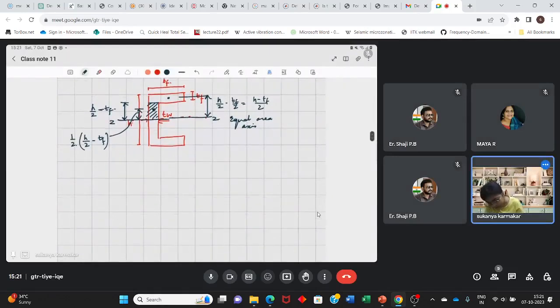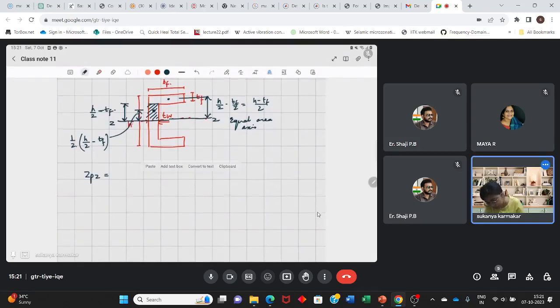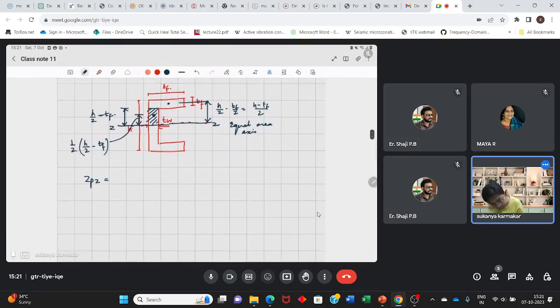ZPZ is equal to the top area, like this area which I shaded with that orange color.